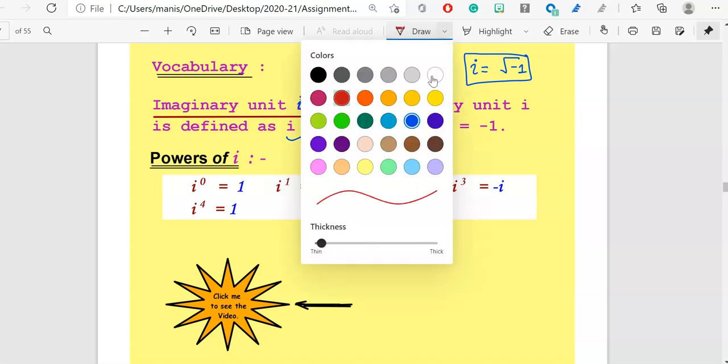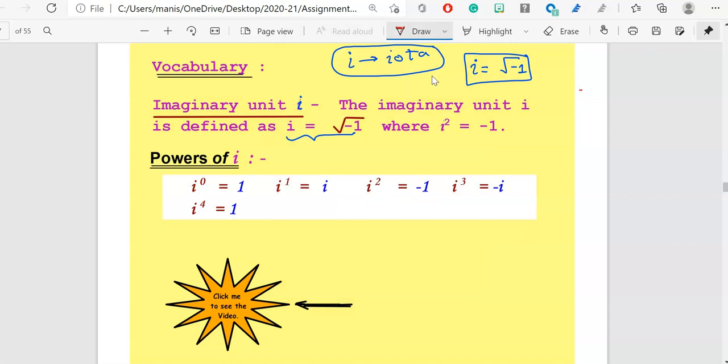I will explain to you how I am getting i squared equal to -1. First, tell me what is 1 to the power 0? It is 1. What about 2 to the power 0? It is 1. Let's take 5 to the power 0. It is still 1. What about 100 to the power 0?